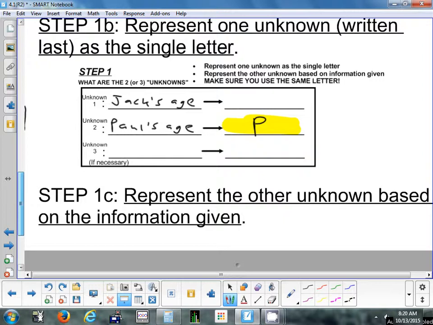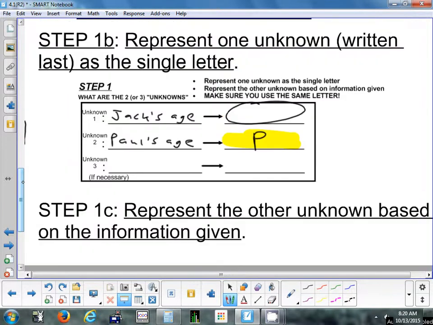Now we've got to represent the other unknown in terms of the information that was given in the problem. We're not going to use a different letter. We're going to use P, the same letter. And we wrote that right here. Make sure you use the same letter.